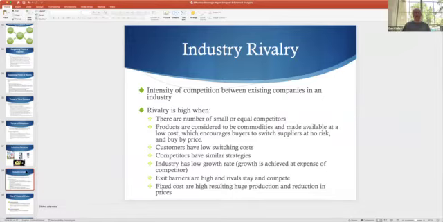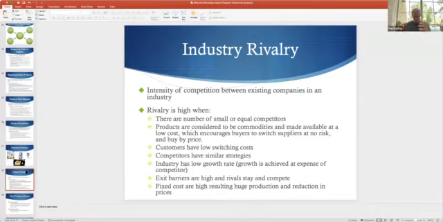Here's our last one. This is industry rivalry. What we're measuring here is the intensity of rivalry that exists within an industry. Obviously, we need some competitive pressures within an industry, but we don't want to enter into an industry that has extreme rivalry that exists in there. So rivalry then is going to be high in an industry when those competitors in that industry are equal size.